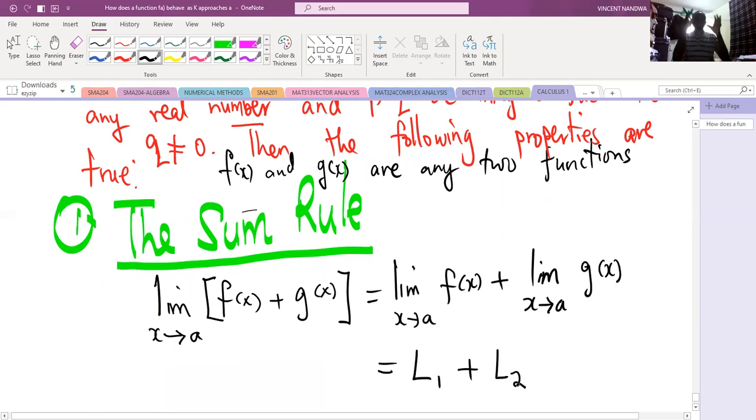So this means that the limit of a sum of two functions is the same as the sum of the limits of the two functions.